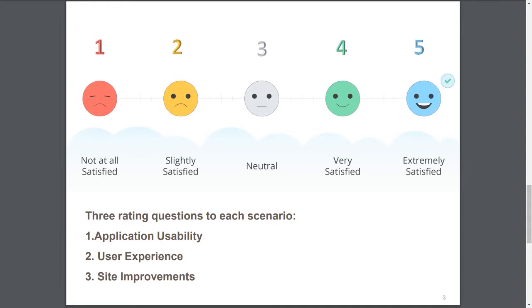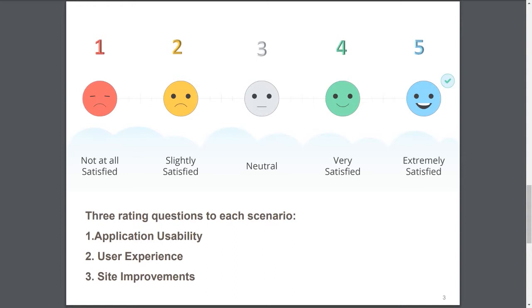Throughout these rating questions, I focus on three main things. Number one, the application usability: how the functions work and whether they are necessary. The second is the user experience: whether it's easy and helpful for them to use. I observe their facial expressions and how they navigate to place an order or cancel an order.